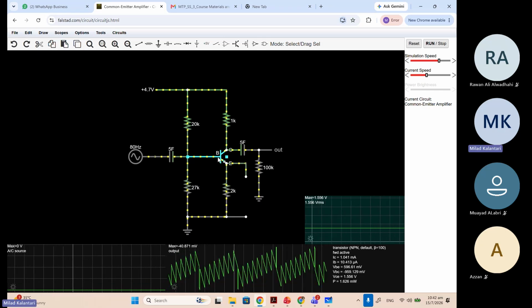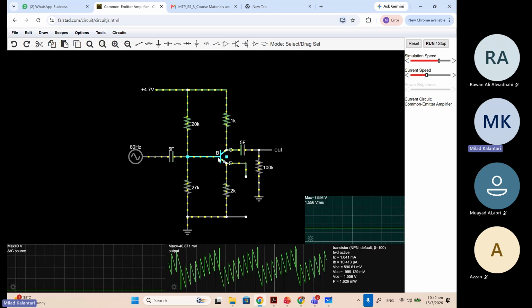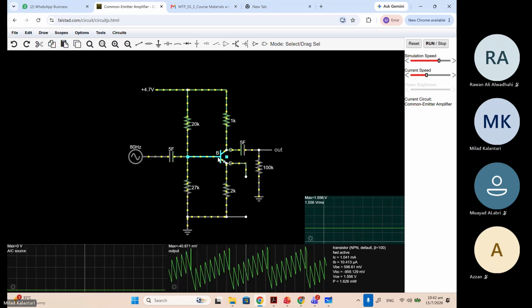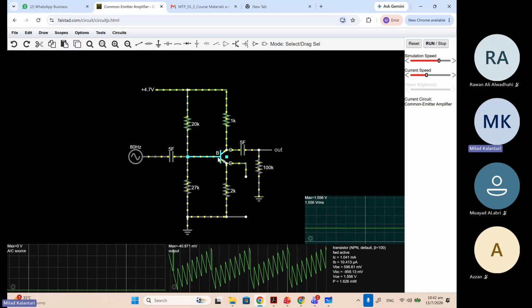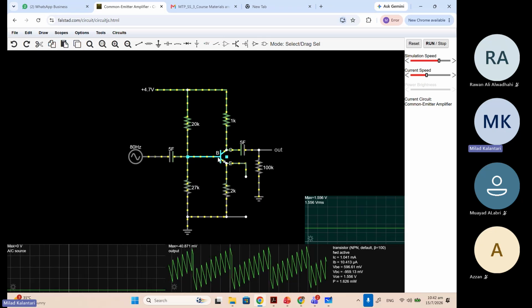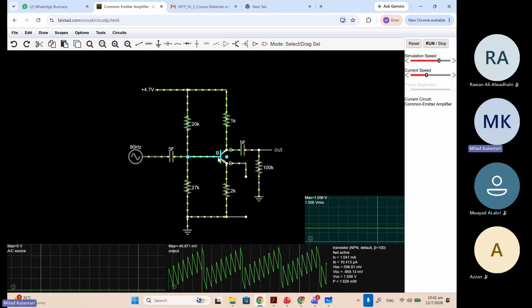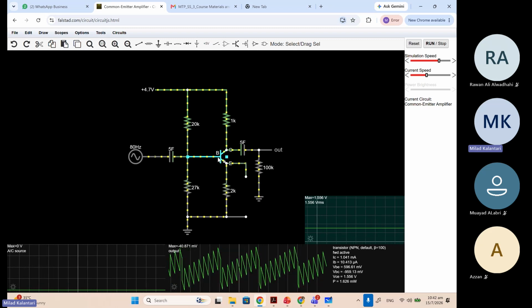VBE is 0.6, right? VCE is 1.5. We calculated 1.7. The current is a little bit higher, because we assumed that VBE is 0.7, now it is almost 0.6. This is fine so far, right?